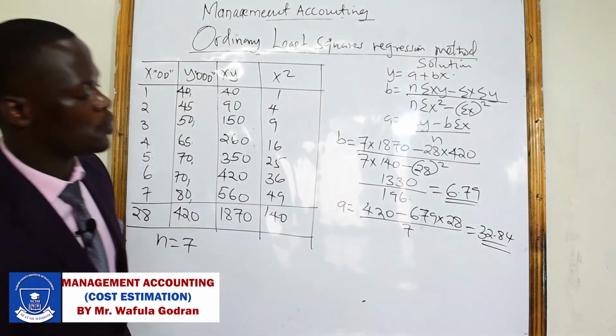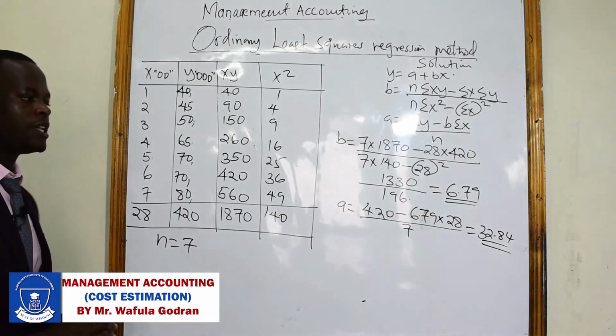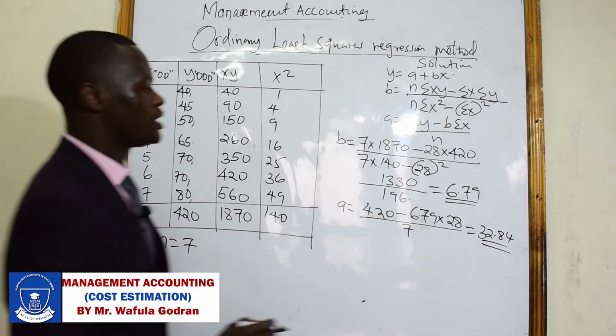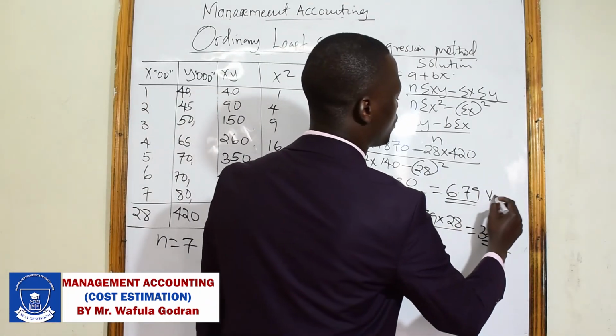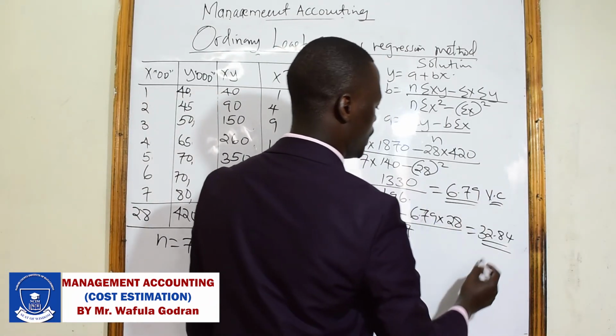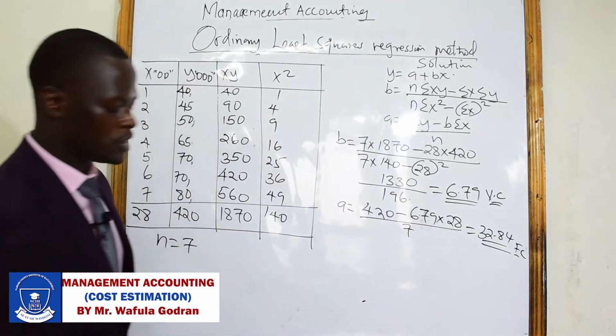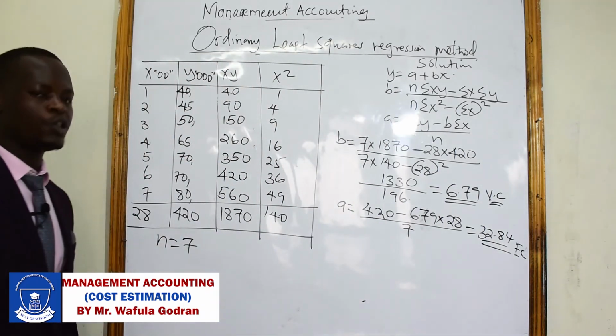So the first question was asking us to get what? The fixed and variable cost components. This is the variable cost component and this is the fixed cost component. Roman 2 was asking us to get the equation.